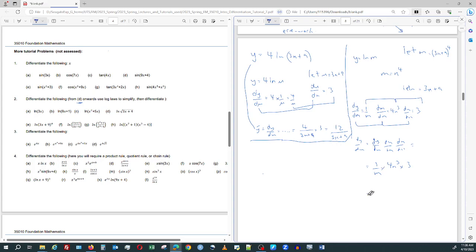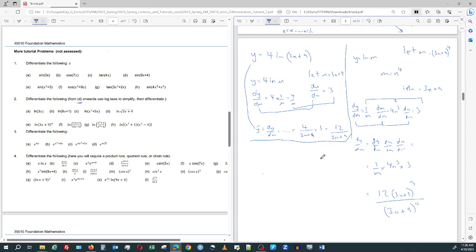So then we can do 4 3s are 12n cubed, 12 something cubed, and the n was 3x plus 9. Okay, and m was n to the power 4. So it's (3x plus 9) to the power 4.